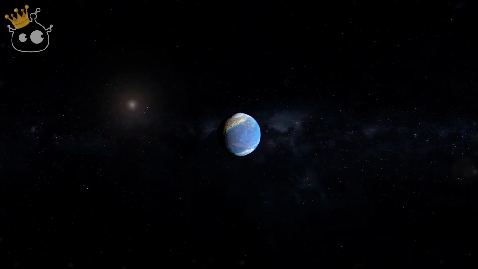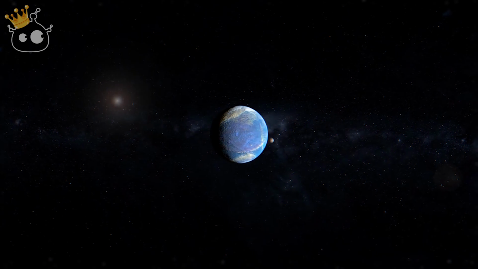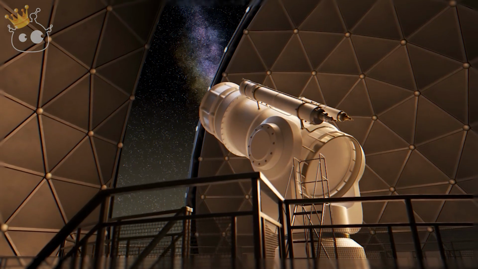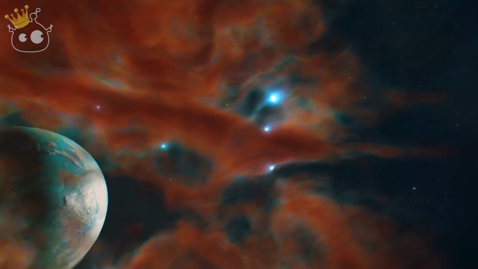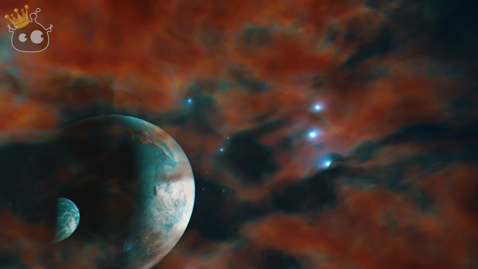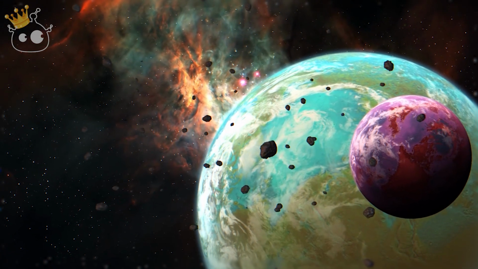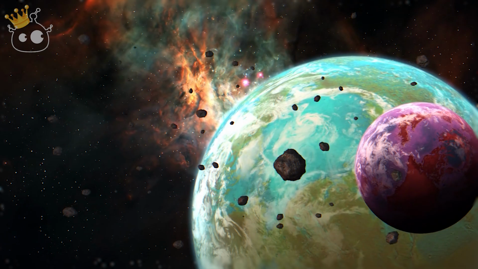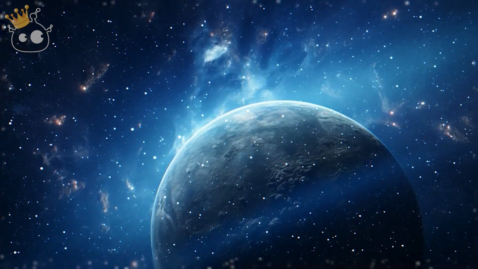However, detecting and characterizing these distant worlds is not an easy task and requires the use of sophisticated techniques and instruments. Moreover, identifying and interpreting the signs of life, or biosignatures, in the atmospheres of exoplanets is a complex and challenging problem involving many uncertainties and assumptions.